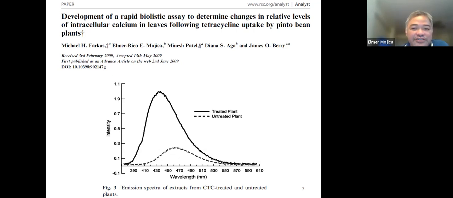The explanation is that the intracellular calcium in the plants forms a complex with tetracycline, and this results in stagnant, or small, leaves for those treated with tetracycline, because the available calcium that should be used in other processes is not available anymore. It binds with the tetracycline.